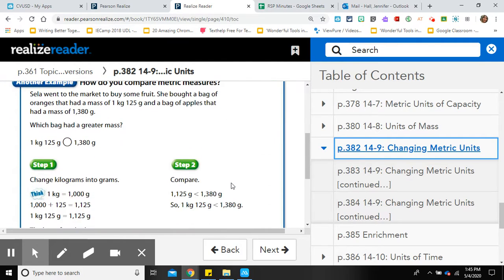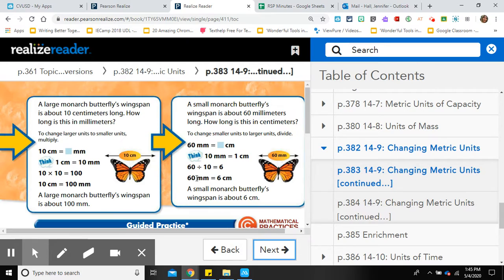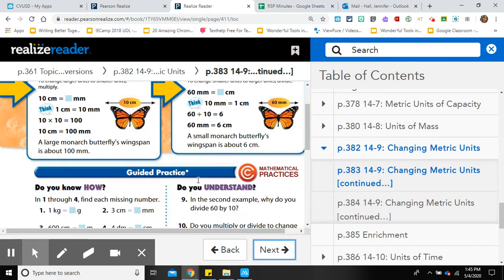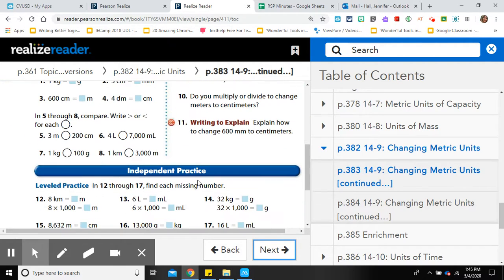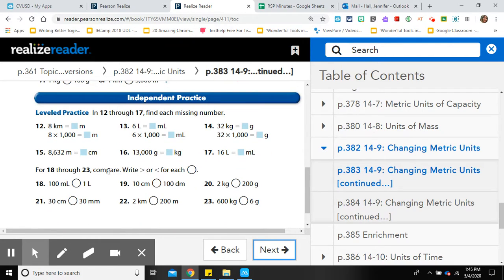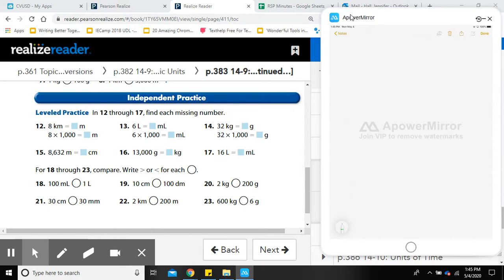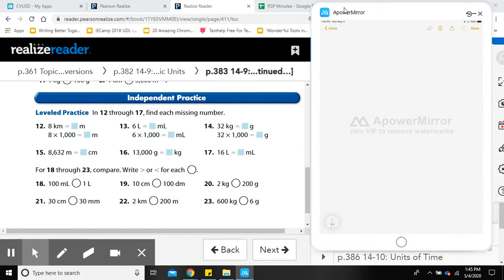Let's look at some of these practice problems, the ones down here on the independent practice. I'm going to show my whiteboard so you can see how I work these problems out.